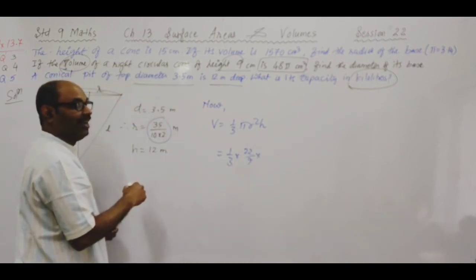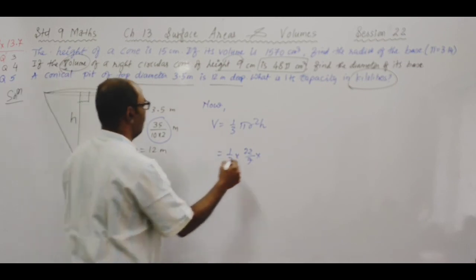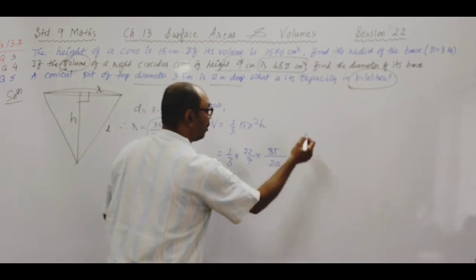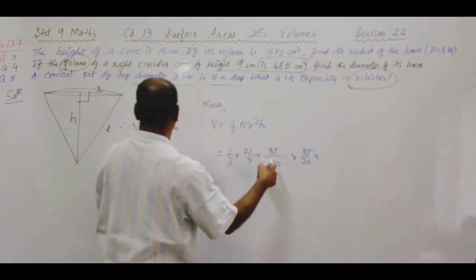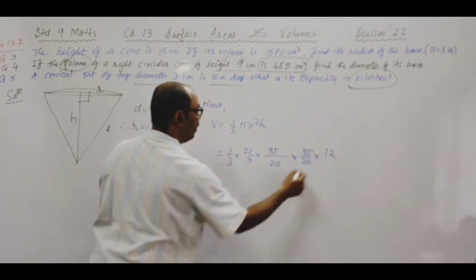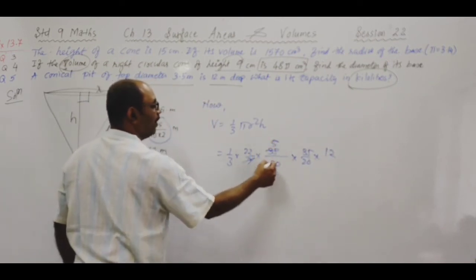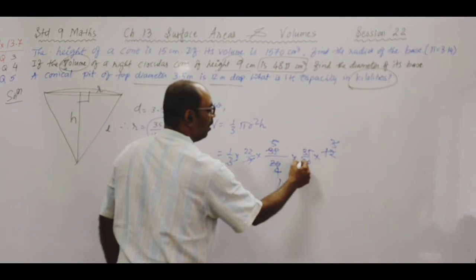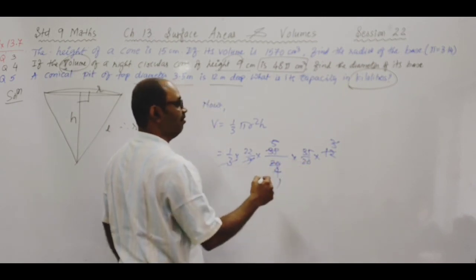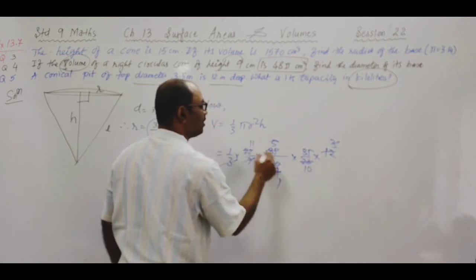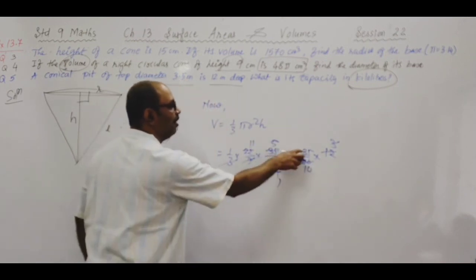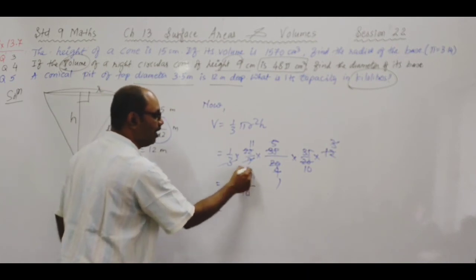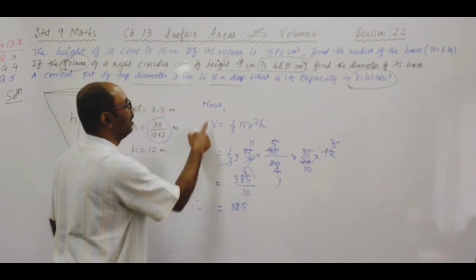Simplify a little. I'll write 35 upon 20 as the radius, instead of 10 and 2, into height 12. 7 ones are 7, 5 ones are 5, 4 ones are 4. 35 into 11 is 385 upon 10, and that is 38.5. What is this? Volume.